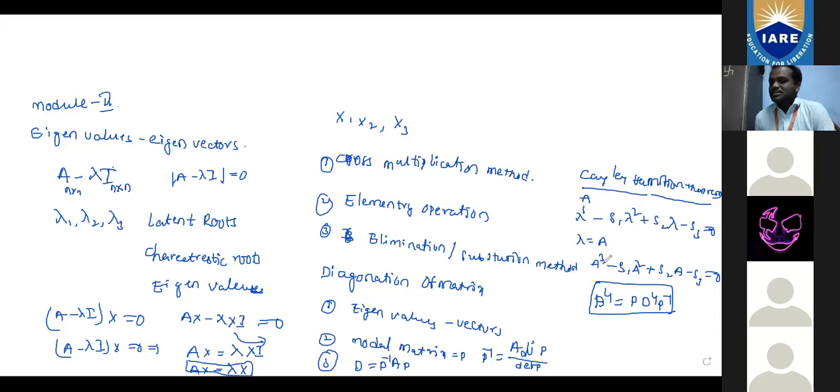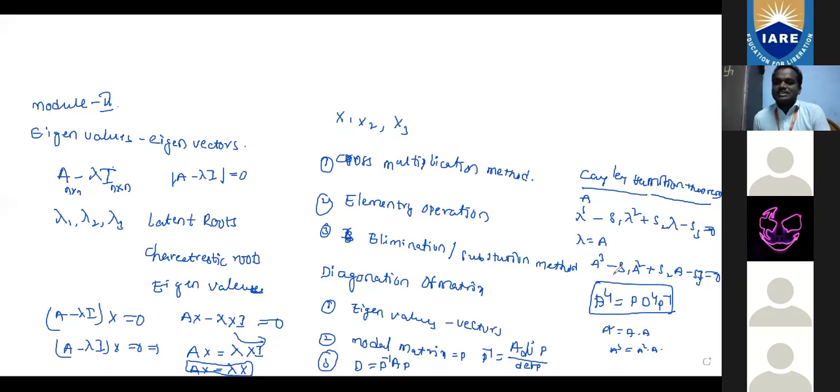Here S3 is multiplied by I, the unit matrix of the same order, and A square is the matrix multiplication A into A, and A cube is A square into A or A into A square. With this multiplication you get the value equal to 0. They are satisfied. You can go for the power matrices and inverse of the matrices.